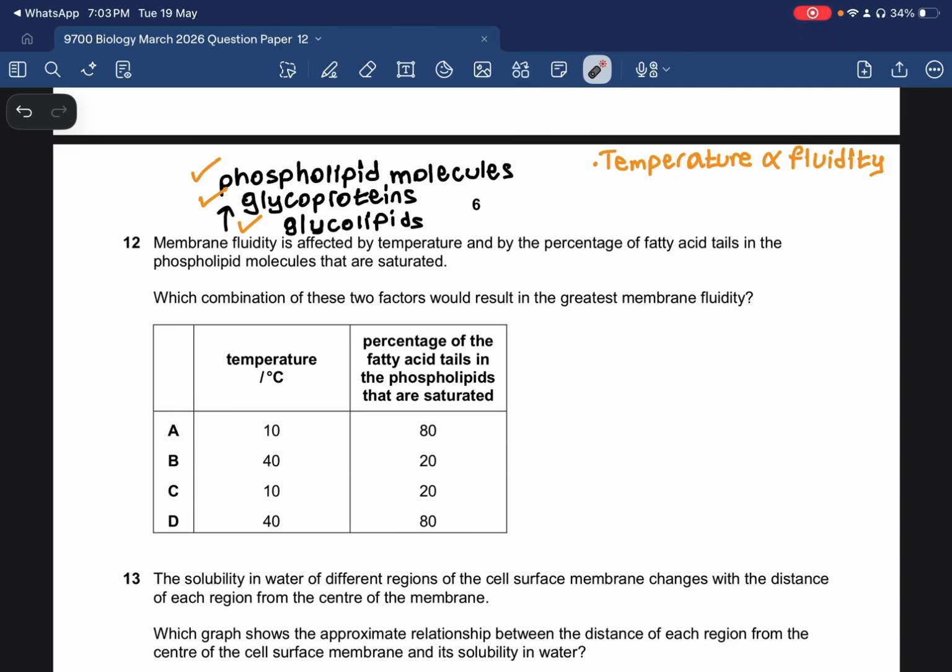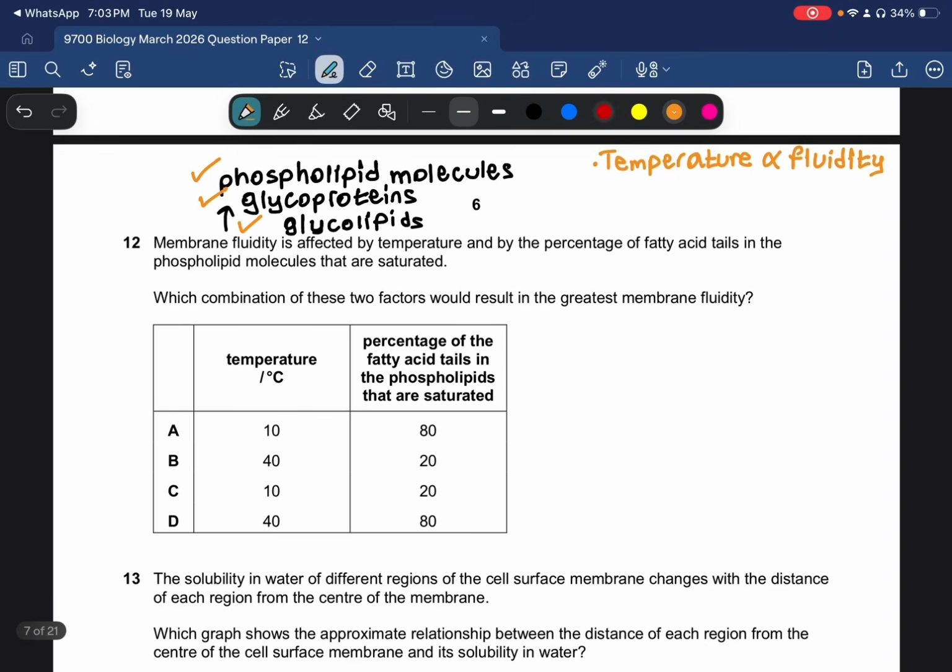What does unsaturated mean? Unsaturated means that the fatty acid tail has carbon-carbon double bonds inside of it, and carbon-carbon double bonds result in kinks in the fatty acid tail. Now, if you're not sure what kinks are, I would recommend revising chapter 4, cell membranes and transport. But let me quickly explain what kinks mean.